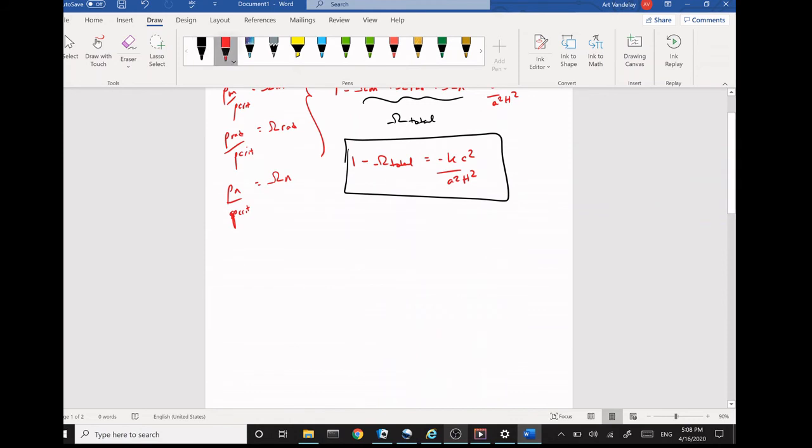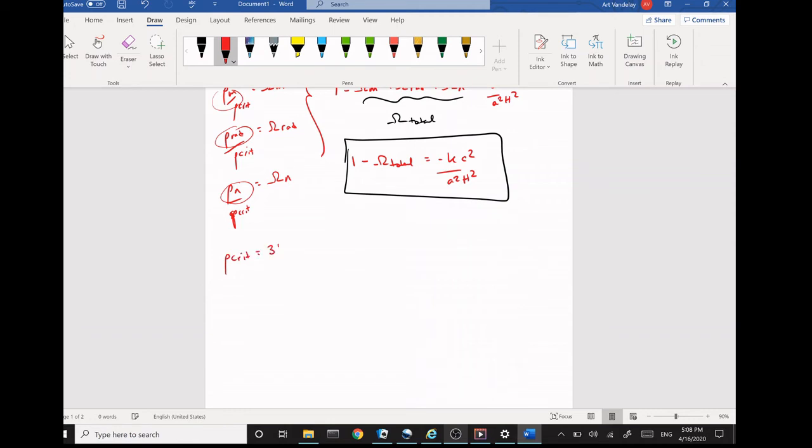So you can think of it this way, and this is the way to think about the FRW equation. You can go out and measure exactly how much radiation we have, exactly how much dark energy and how much matter we have, and then all you need to do is find out what rho crit is. And we actually have calculated rho crit.